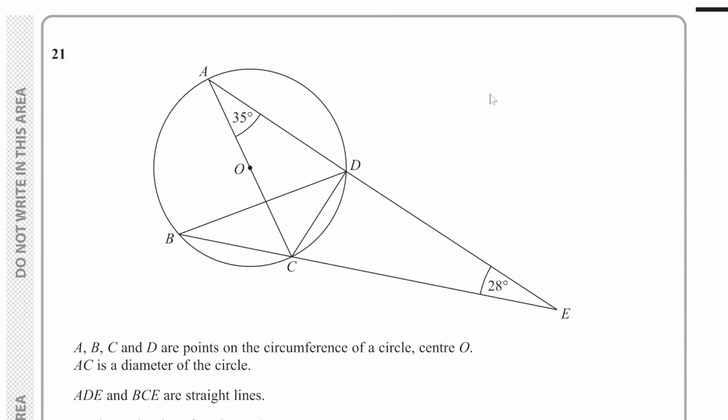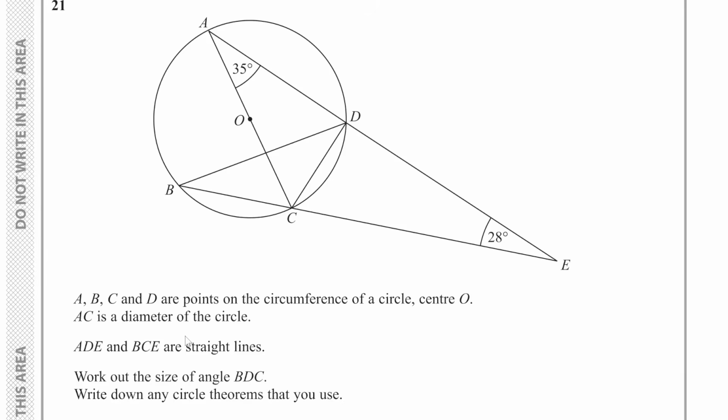Question 21. A, B, C, and D are points on the circumference of a circle, centre O. A, D, E, and B, C, E are straight lines. Work out the size of angle BDC. B to D to C. So this angle here. Write down any circle theorems that you use.